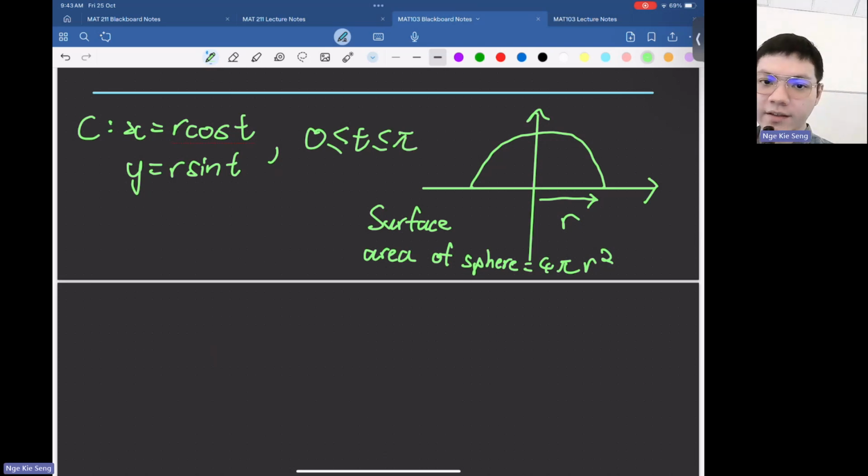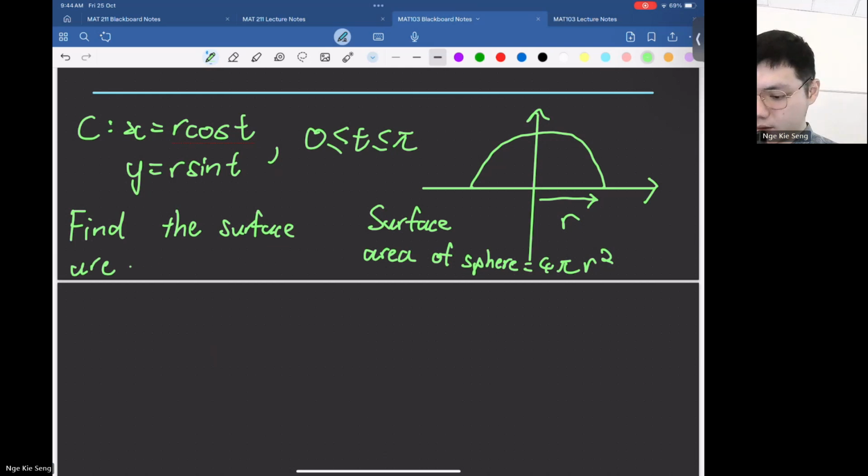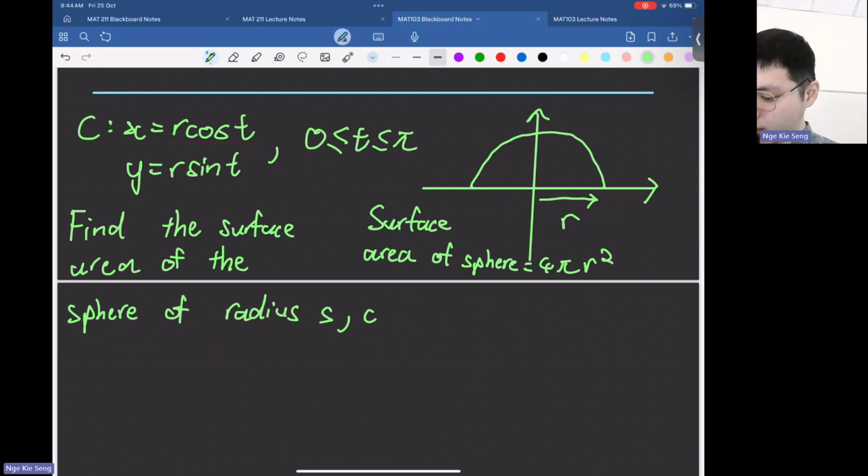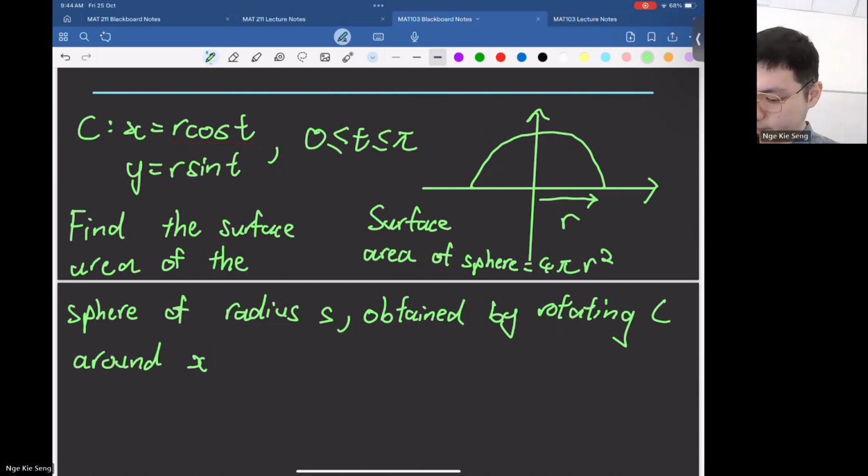Try and find the surface area of the sphere of radius R obtained by rotating the semicircle C around the x-axis.